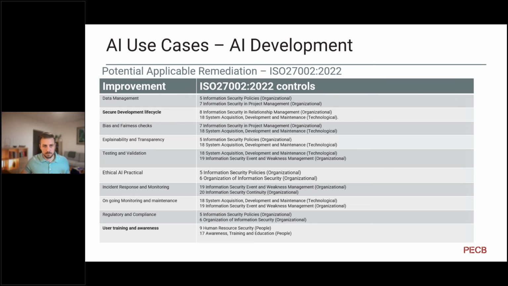On the left you have the improvements and the remediation that you want to put in place in the scope of your mitigation strategy. And on the right, you can see that we mapped them to the ISO 27001 version 2022 release to be able to cope with this objective.